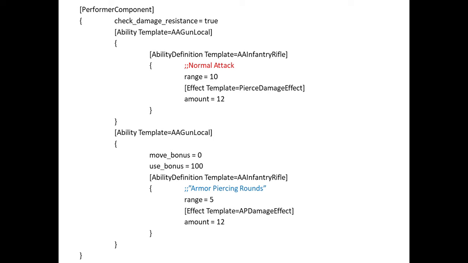even multiplied by the damage resistances of, say, infantry, 20%, that would leave use bonus at 80, which would still be higher than the weight bonus of 50 of the normal attack. So, in this case, despite check damage resistance being true, the use bonus is so high that this unit would effectively behave as normal if check damage resistance was set to false.